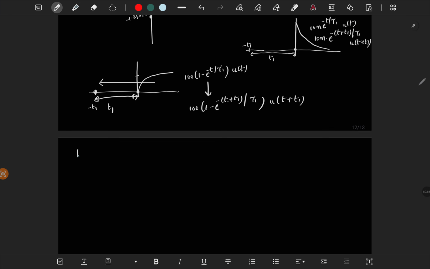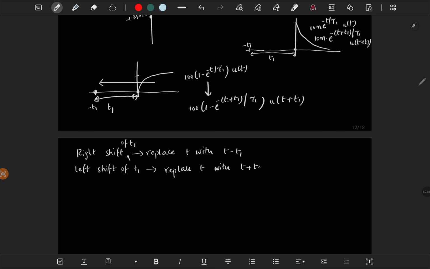The final conclusion is, for right shift of t1 units, replace t with t minus t1. For left shift of t1 units, replace t with t plus t1.